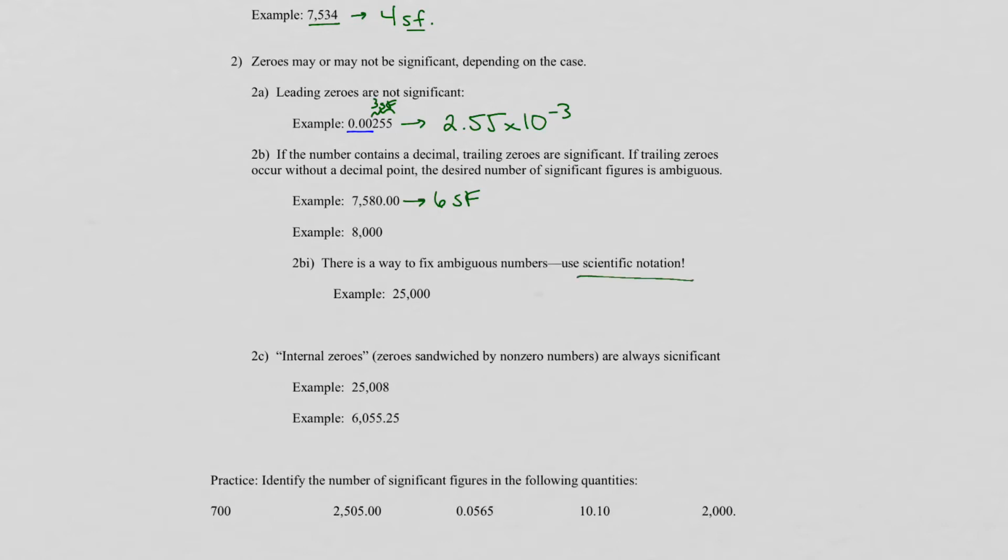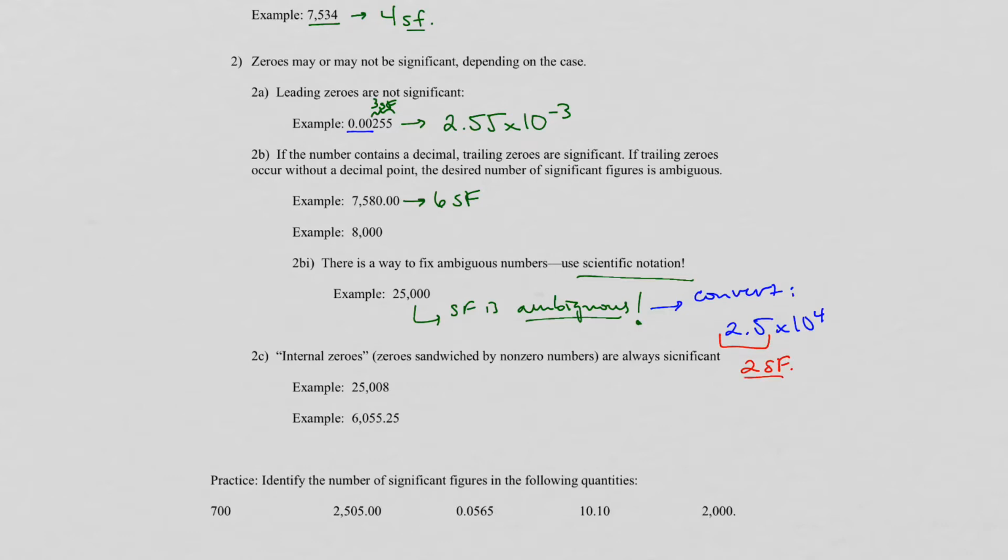So instead of 25,000, where the sig figs are ambiguous, we convert to scientific notation and get 2.5 times 10 to the 4th. Now we can see that there are, in fact, 2 significant figures.